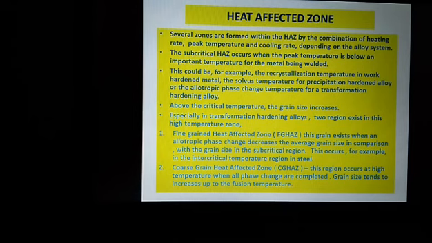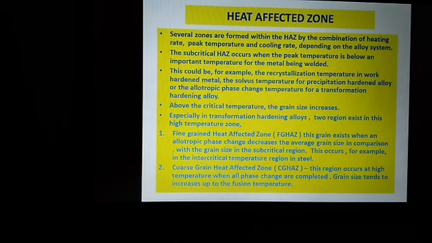This could be, for example, the recrystallization temperature in work hardened metal, the solvus temperature for precipitation hardened alloy, or the allotropic phase change temperature for transformation hardening alloys.